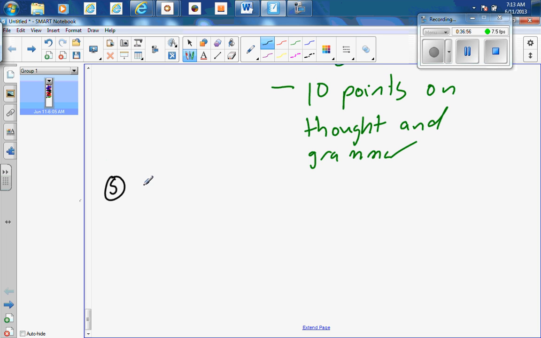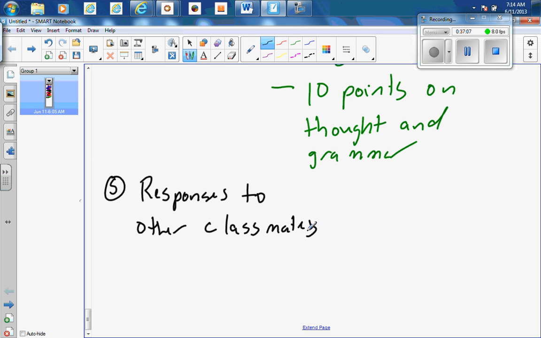Number 5 is responses to other classmates. What I mean by that is, on the quick topic, you're going to have your number 2. Your number 2, you're going to, first of all, answer it, and then you need to respond to 2 other students.